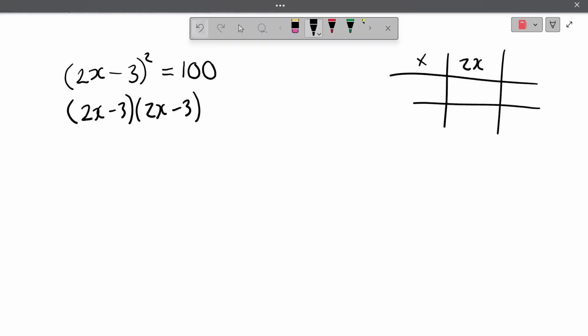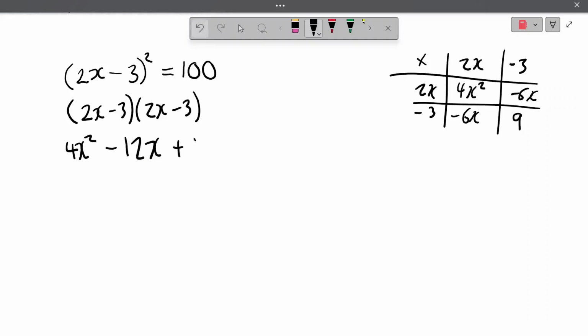So we have 2x minus 3, 2x minus 3. 2x times 2x is 4x squared, 2x times minus 3 is minus 6x, 2x times minus 3 is another minus 6x, and then we have minus 3 times minus 3 is 9. So what we have is 4x squared minus 12x plus 9 equals 100. So all we've done first of all is expand out that bracket.